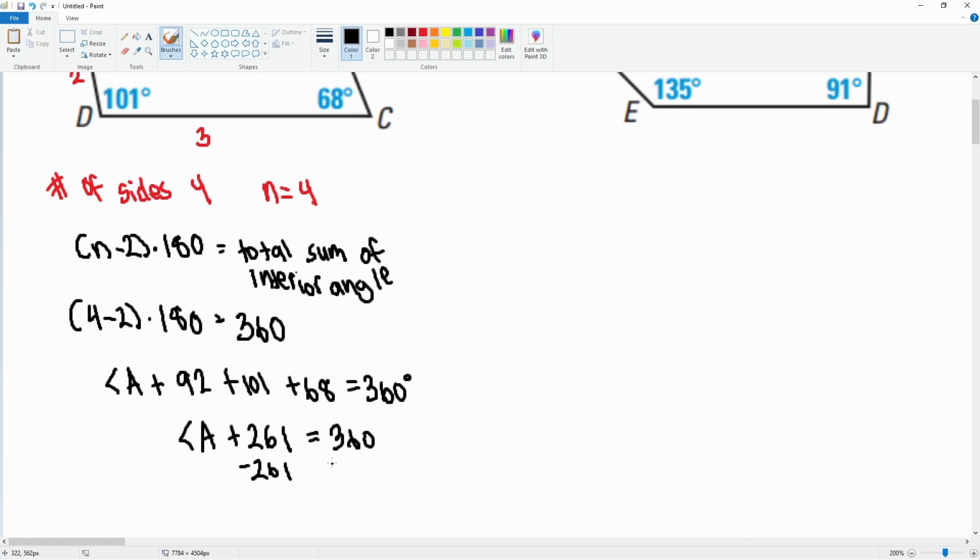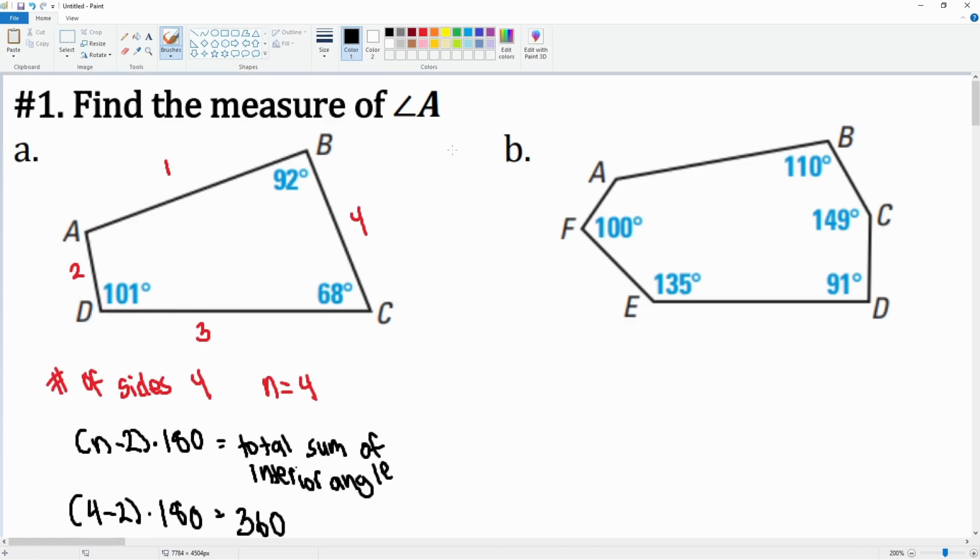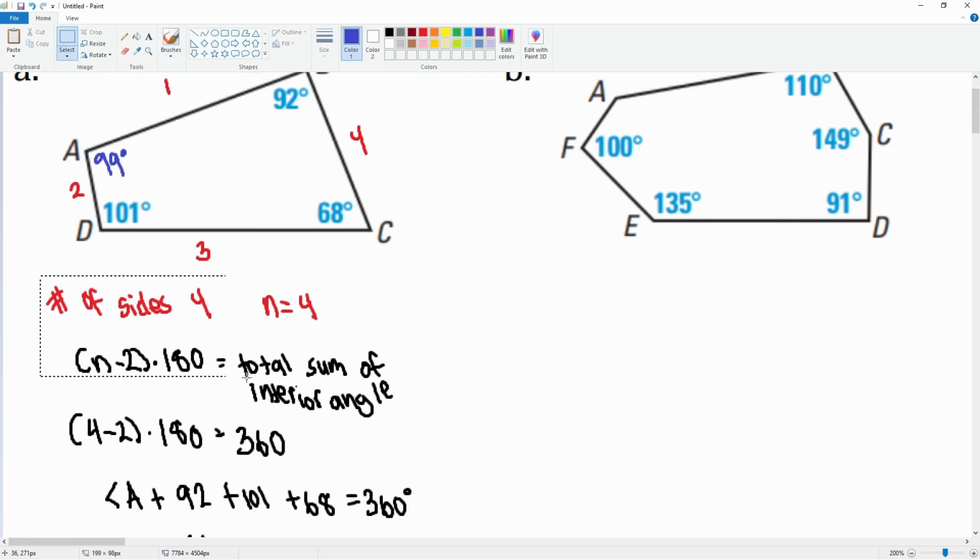Subtract 261 from both sides. That gets me angle A is equal to 99 degrees. That means that this angle here is 99 degrees, because the total sum of this interior is equal to 360.